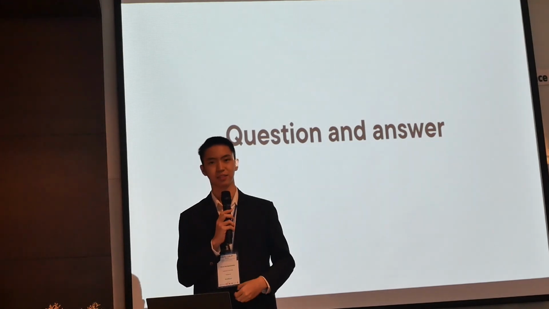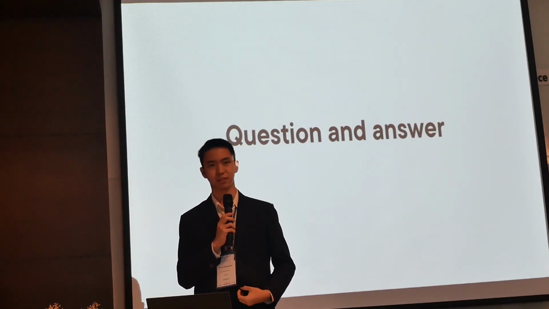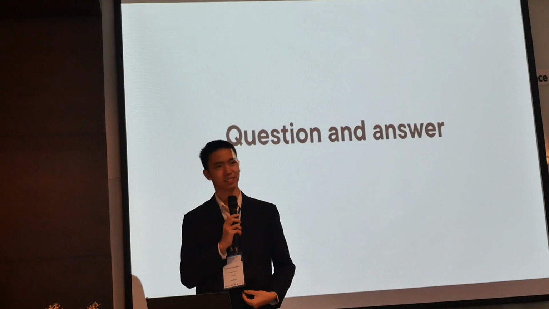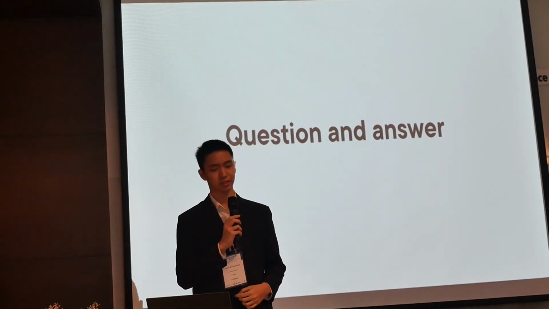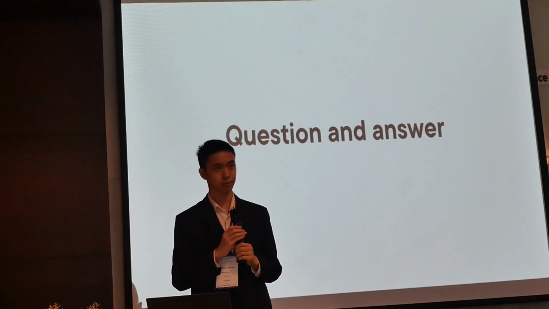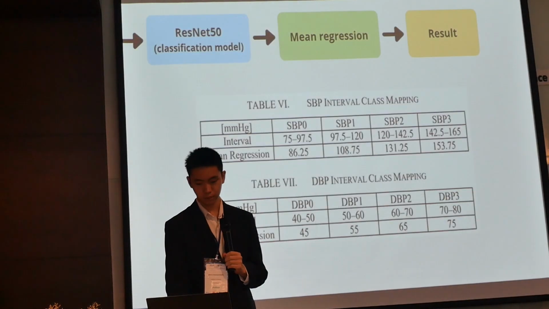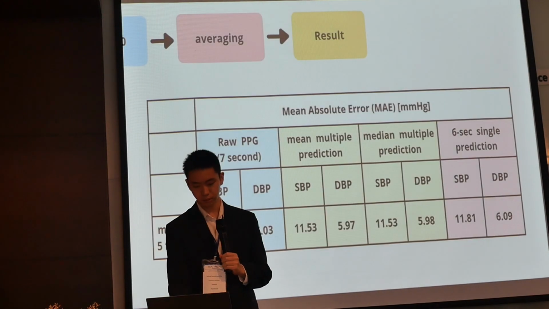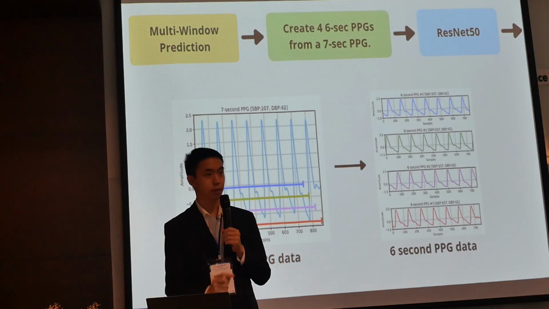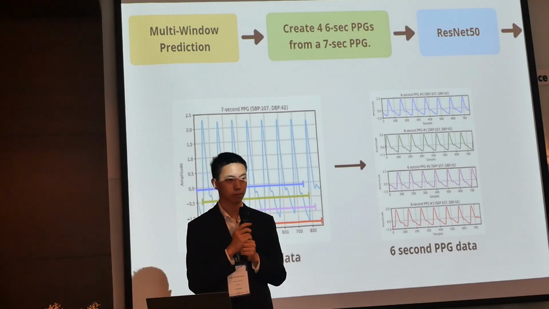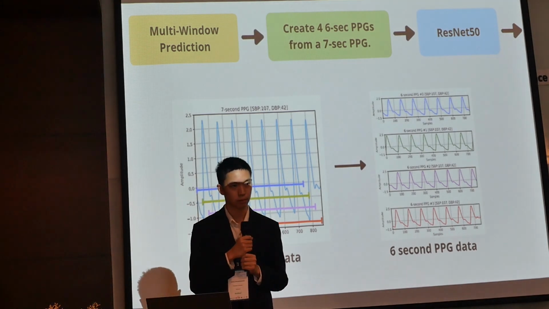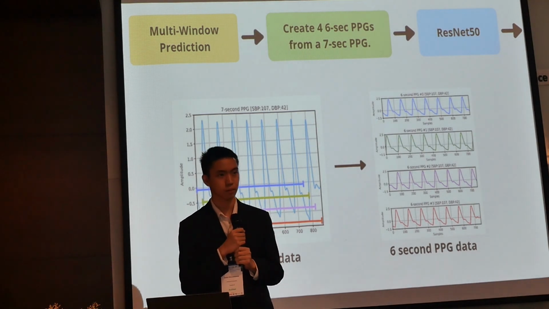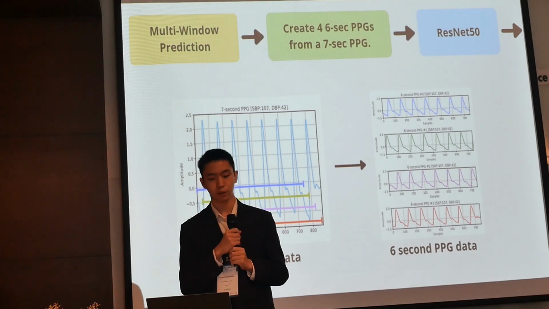Any questions? I have another question. You chose the 4 to 6 seconds in the training set. Why did you do this? Yes, why did you choose only the 4 to 6 seconds for the training set?